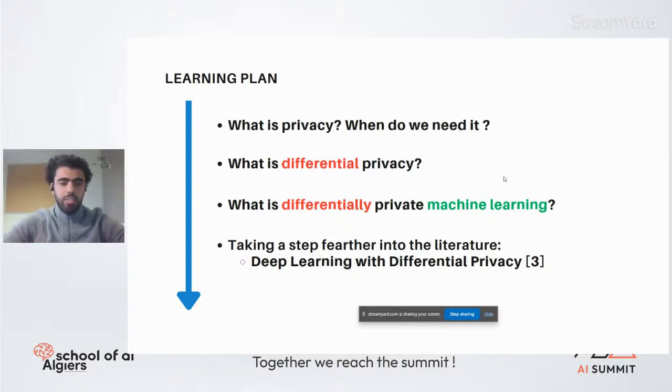Then we will take a step further into the literature, and we will study deep learning with differential privacy. We'll see how this theory that we got introduced to applies to deep learning models training.